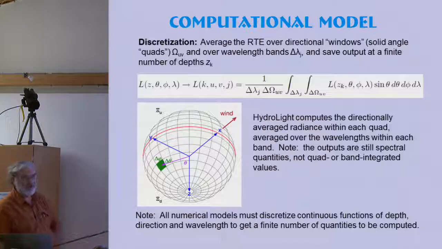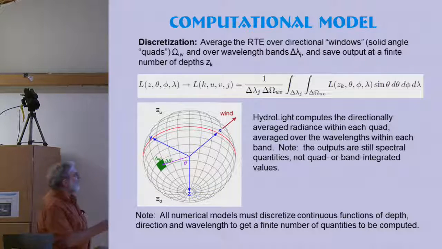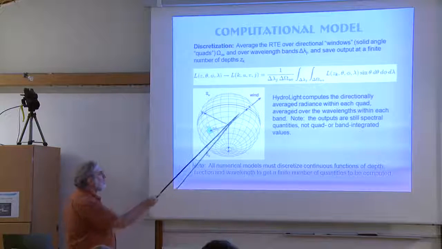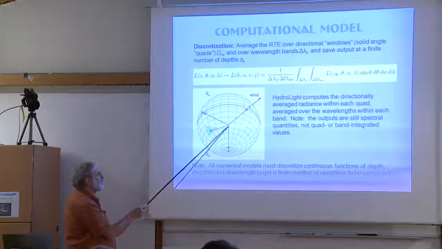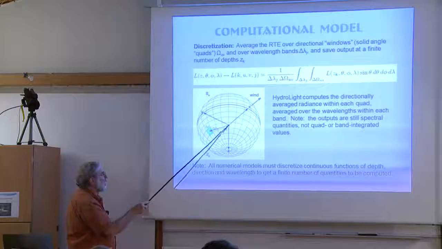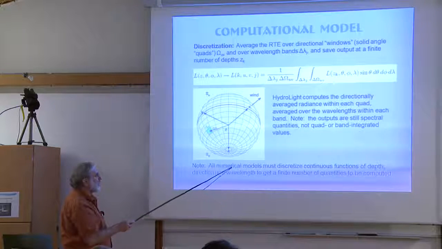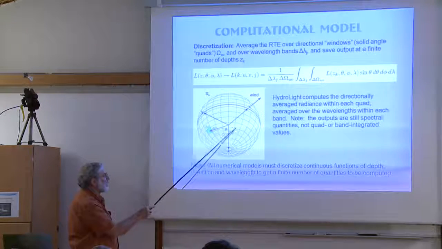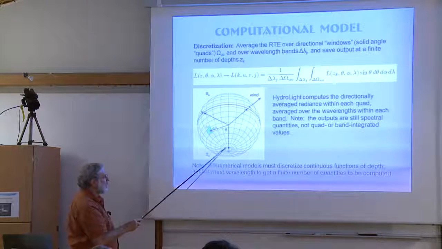Computationally, the way it works is, if you think of all directions here, we're going to pick a coordinate system. In this case, X will be downwind and Z will be pointing down into the water. Then we divide the directions into little windows, called quads for quadrilateral regions, and 2 polar caps.